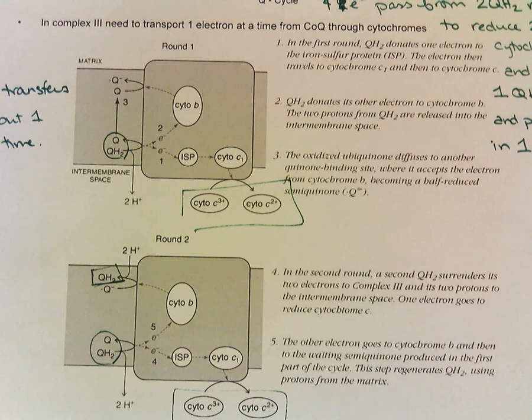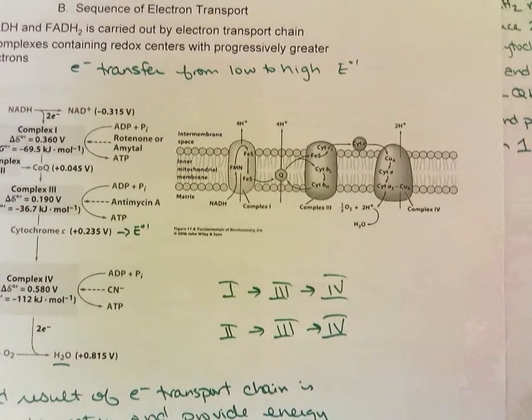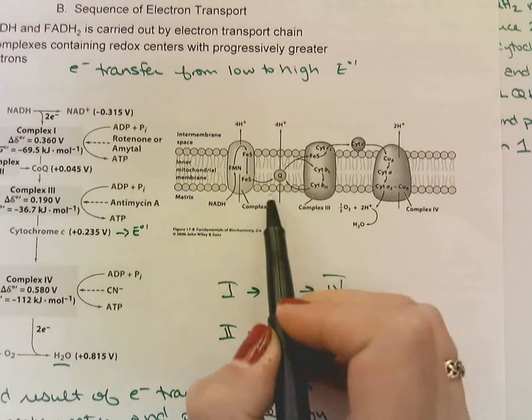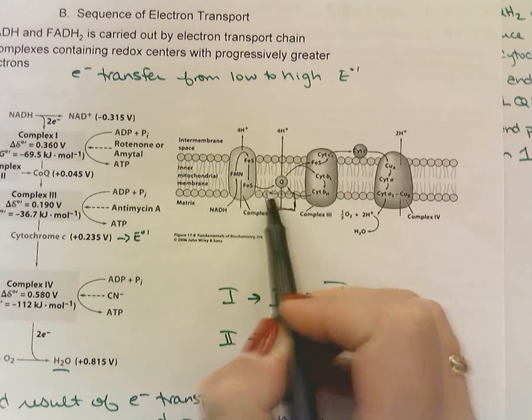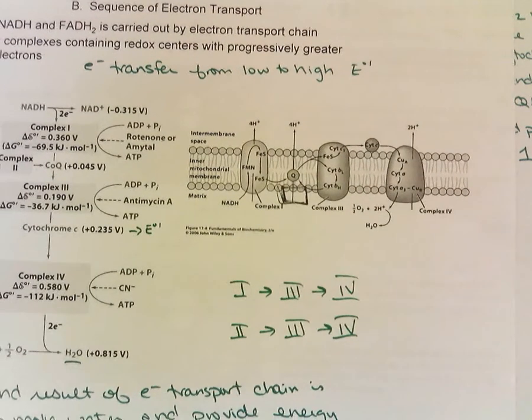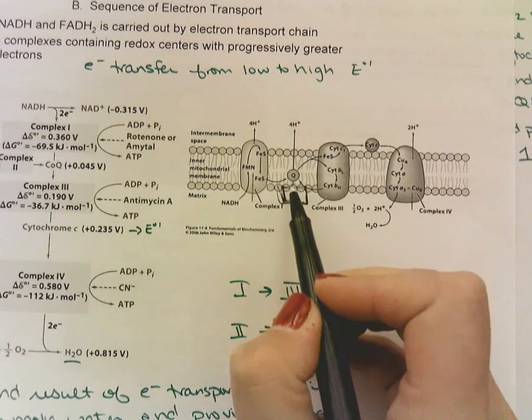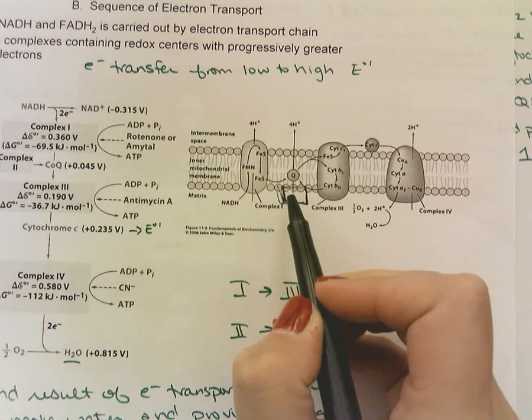So in between, let's see if I have my picture. In the space in between complex 1 and 3, and 2 is really down here, is these CoQs or ubiquinones.